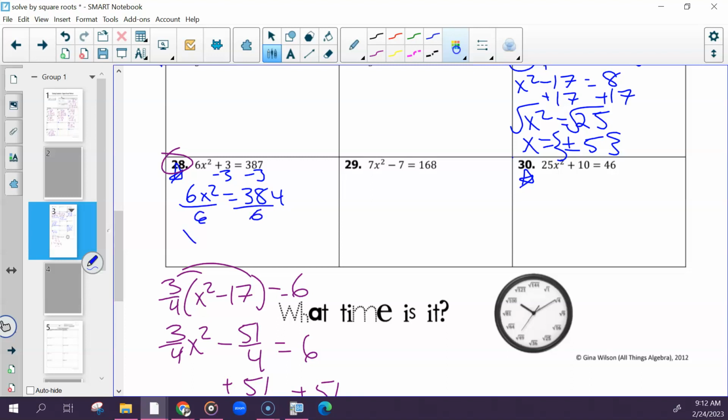Divide by 6, what is that? 64. Okay. Is that a perfect square? Yes. Yes, so 8 plus or minus. Any others?